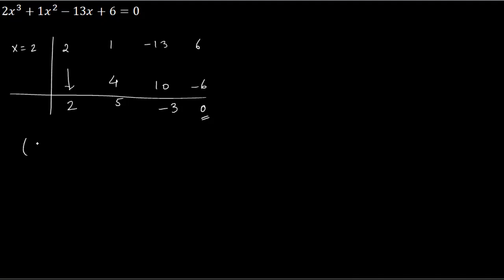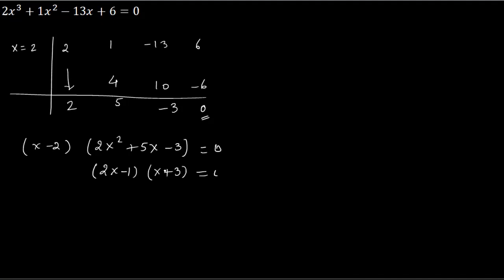So this polynomial can be written as x minus 2 into 2x square plus 5x minus 3 equal to 0. If we factorize this by using middle term splitting, we get simply 2x minus 1 into x plus 3 equal to 0.